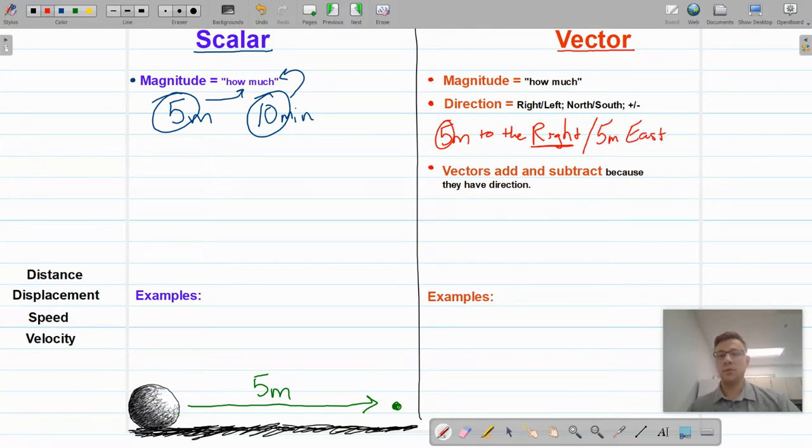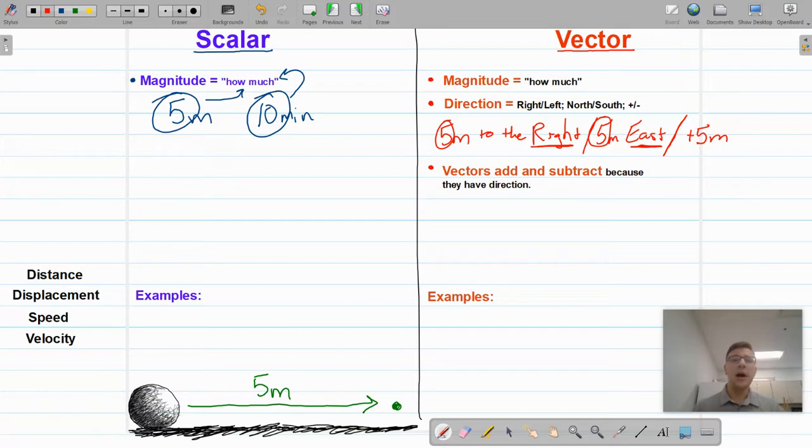Again, magnitude and direction. One more example: if I said that he moved positive 5 meters, that plus sign is telling us the direction. In this case, I've defined the right as the positive direction. So if that ball had moved to the left, I would have put negative 5 meters.